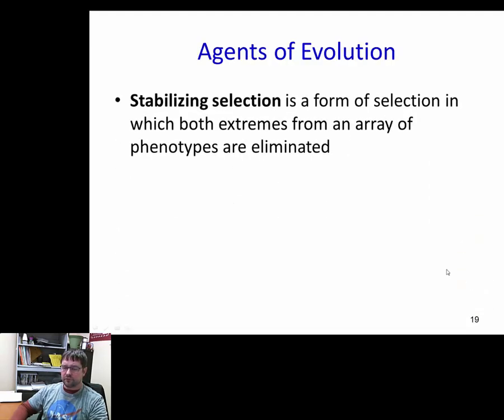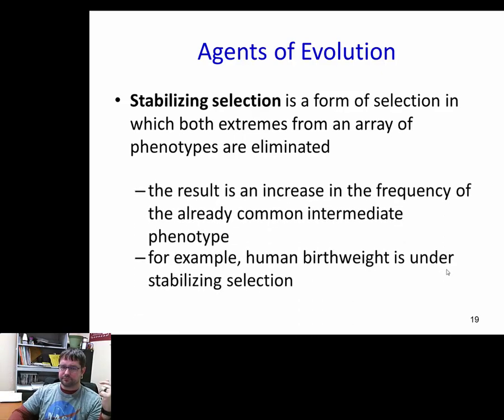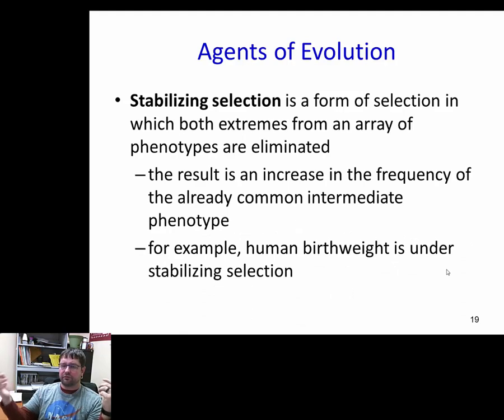So stabilizing selection, or selecting against both extremes. So the extreme phenotypes are basically eliminated from the population. There's lots of examples. I said height, things like that. Probably the best example is human birth weight.